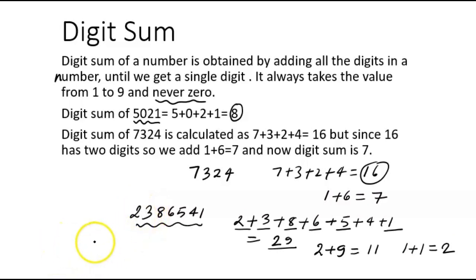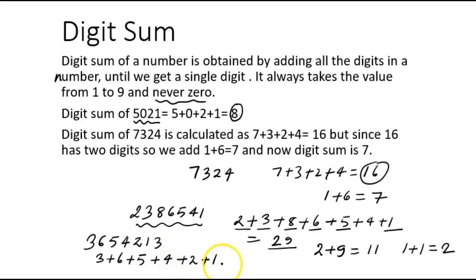Let us write one more. Suppose I write 3, 6, 5, 4, 2, 1 and 3. So what will be the digit sum? Let us do it. 3 plus 6, 9, 9 plus 5, 14, 14 plus 4, 18, 18 plus 2, 20, 20 plus 1, 21 and plus 3, that is equal to how much? 24, right?